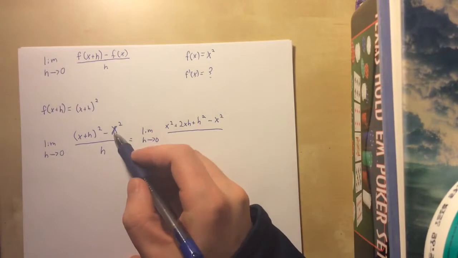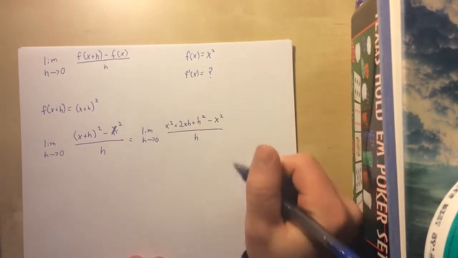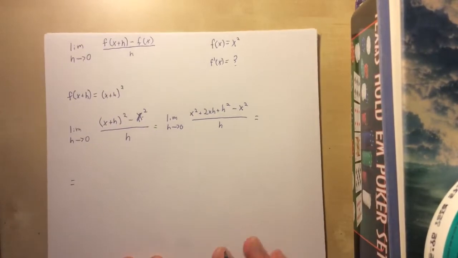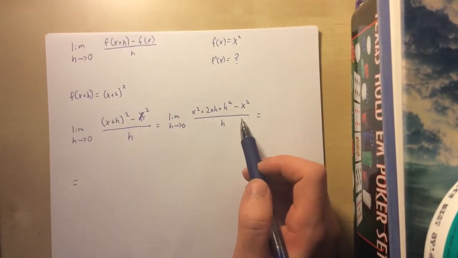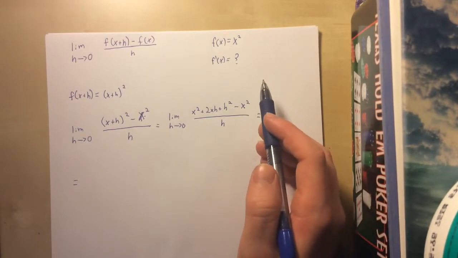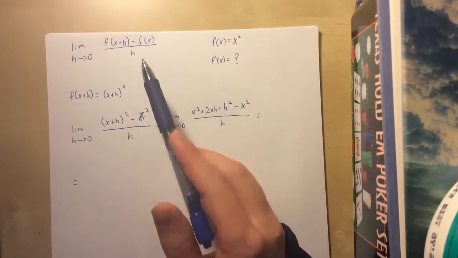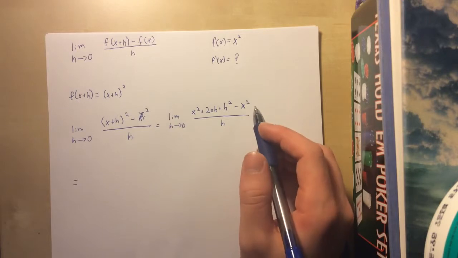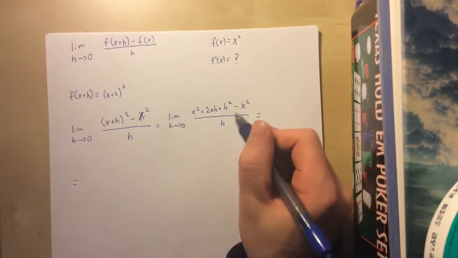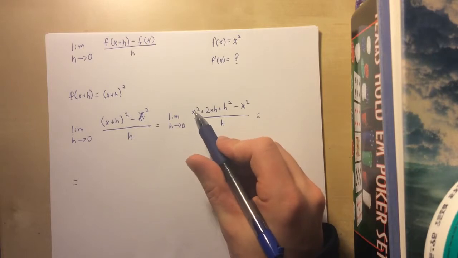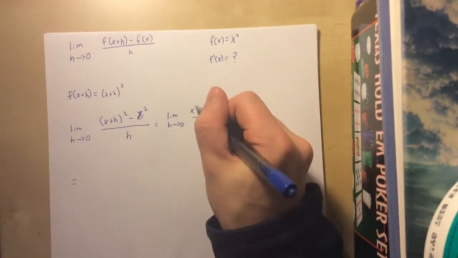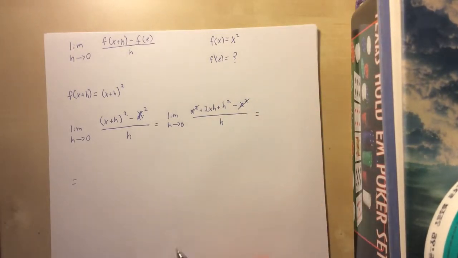Now minus x squared came from here, all over h. And look at what happens. This step should occur in pretty much every question where you're finding a derivative using this limit notation. Look at what happens to the terms that don't have an h. This x squared is the term from the x plus h squared that didn't have an h, and look at that, it cancels out with this x squared.